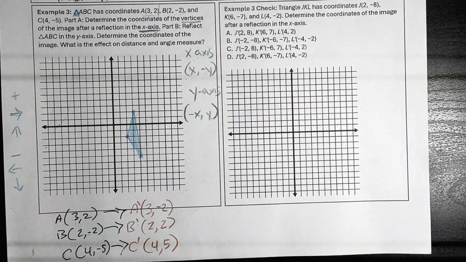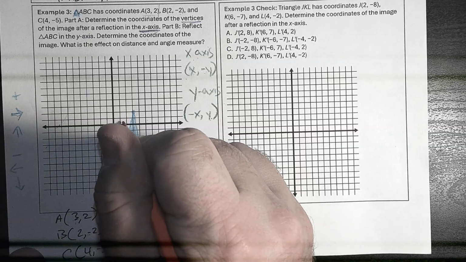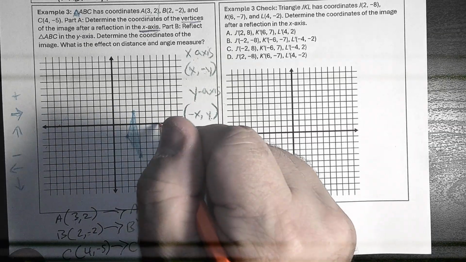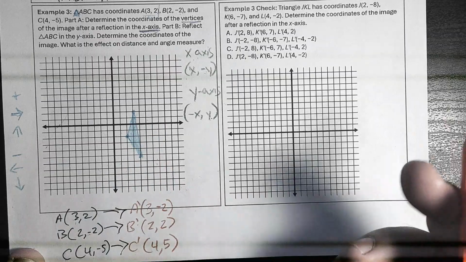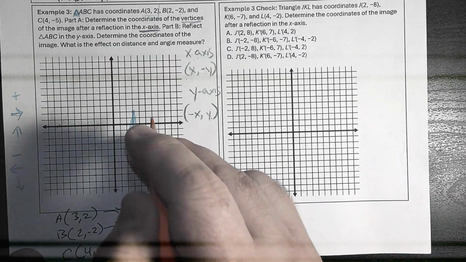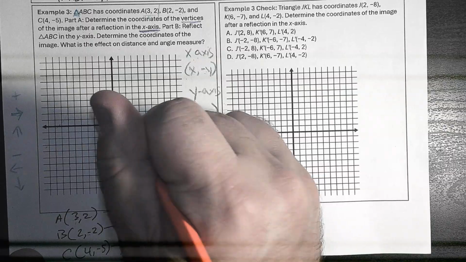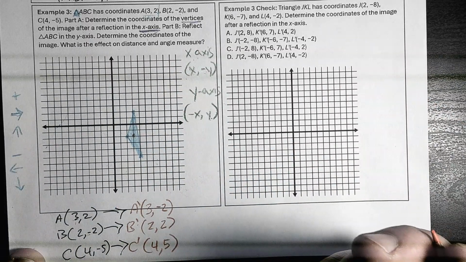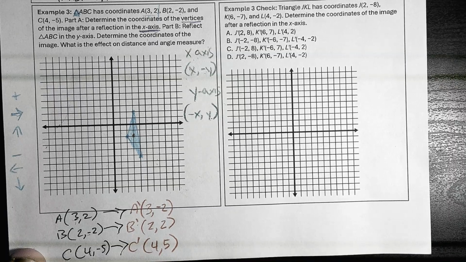All right, so let's plot those points. So +3, -2. We're going to go over 3, and these are going to overlap, you see, because it's a reflection in the x-axis or this line. I'm going to try to make this so we can see it. That's why I didn't want to color it in. All right, B is at +2, +2 now.